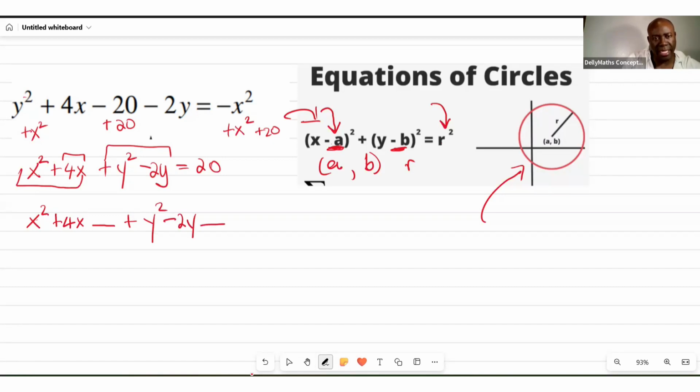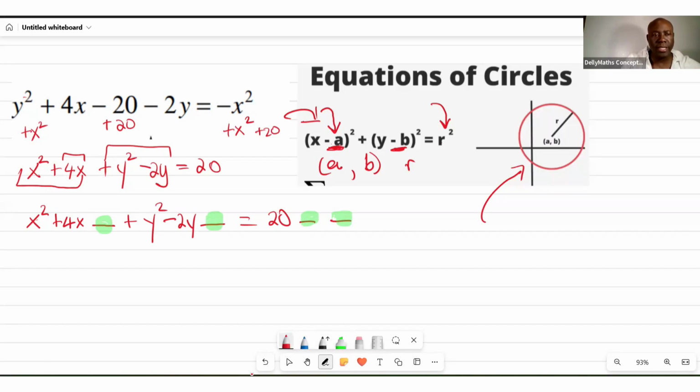I'm going to leave a space, and we're going to put a special number there. And those two spaces that I'm creating, I'm going to put one here and put another one here. Whatever comes here, I'm going to put there, and whatever comes here, I'm going to have to do there for balancing of the equation, basically.